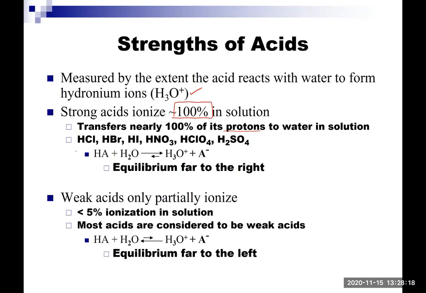That's why when we look at this generic reaction here, HA is our acid, reacting with H2O to form H3O plus and A minus, the conjugates of our reactants, we see that we have an equilibrium that's very far to the right. In other words, 100% protons in solution means 100% ionization of this compound HA in the solution.